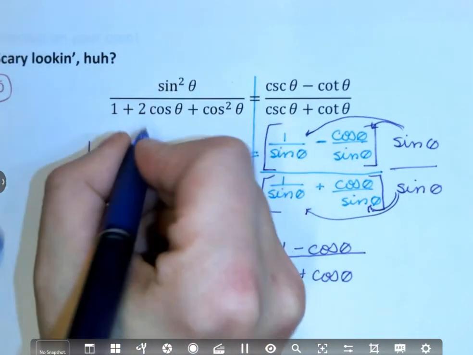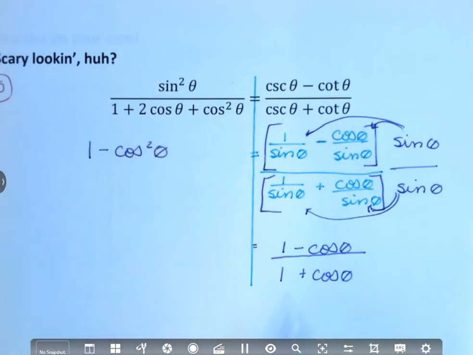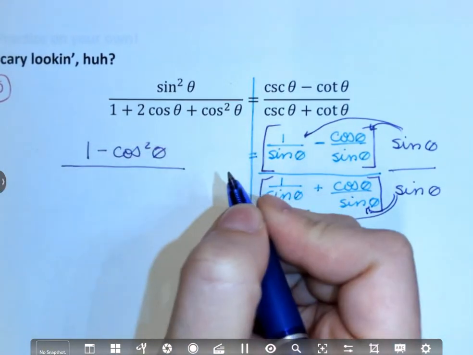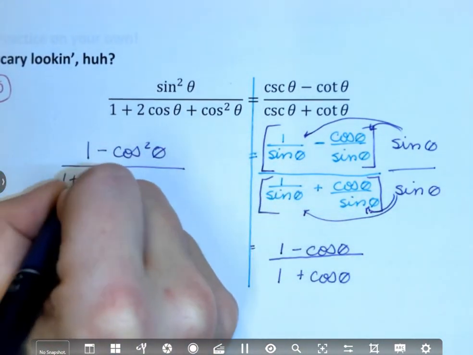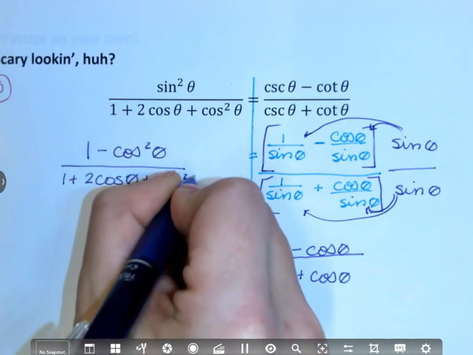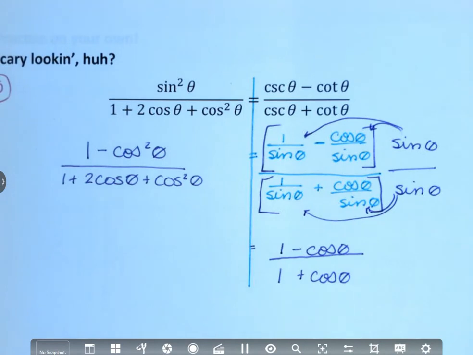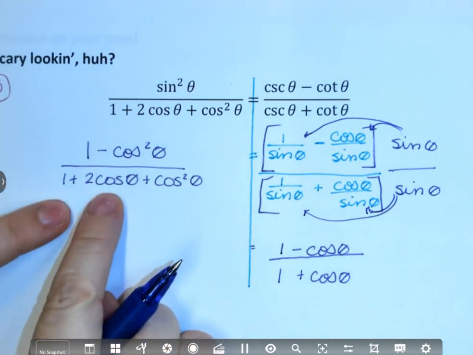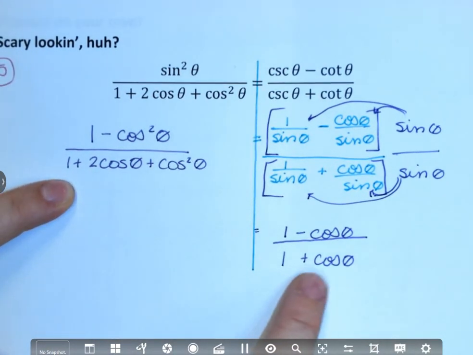So we're changing this sine squared to 1 minus cosine squared. And then for the denominator, I still have that 1 plus 2 cosine theta plus cosine squared theta. I've got a lot more here than I have here.